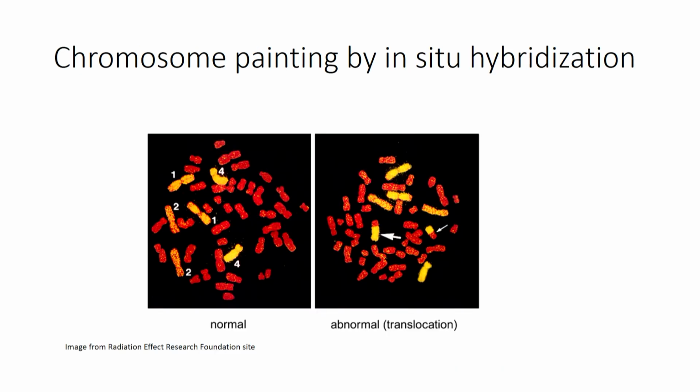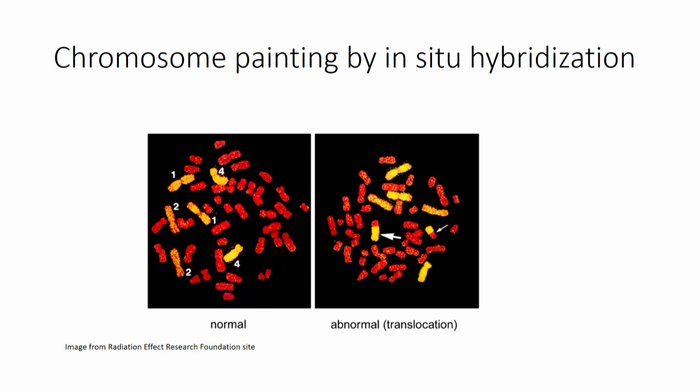Now the techniques have advanced further, and chromosomes can be painted by in situ hybridization. That means we have to use a specific kind of gene for a specific kind of protein or specific kind of molecule, and they are hybridized.